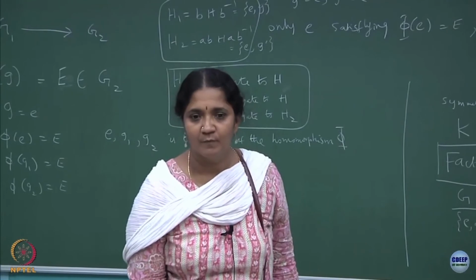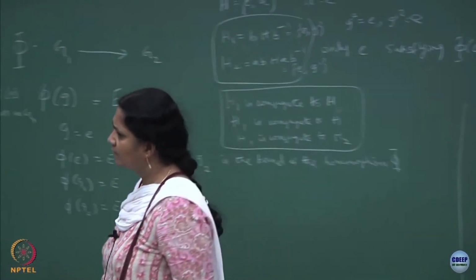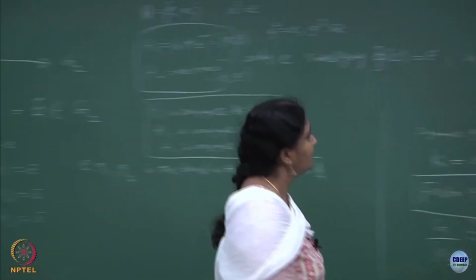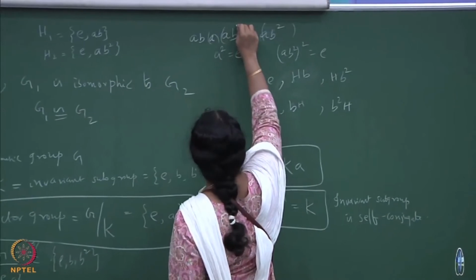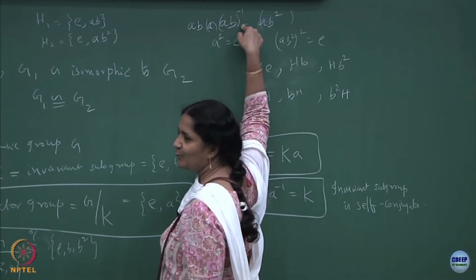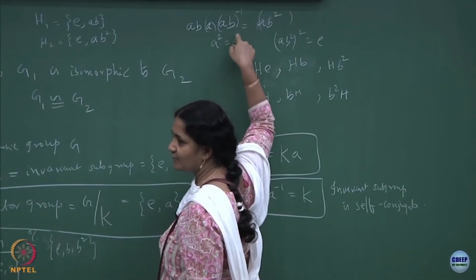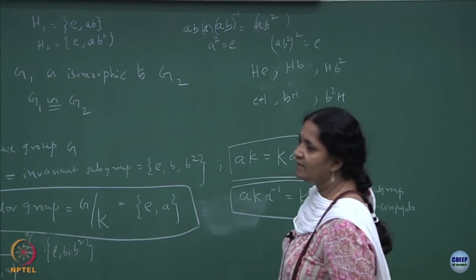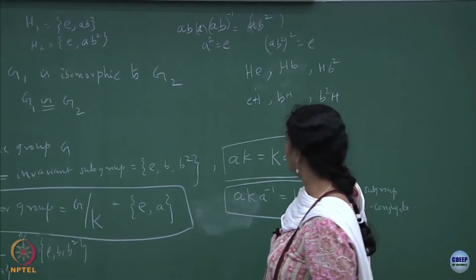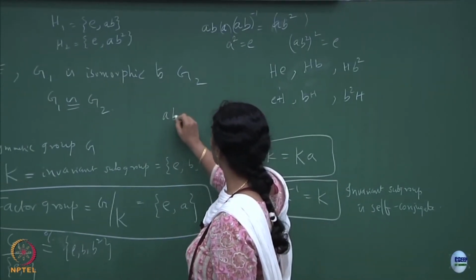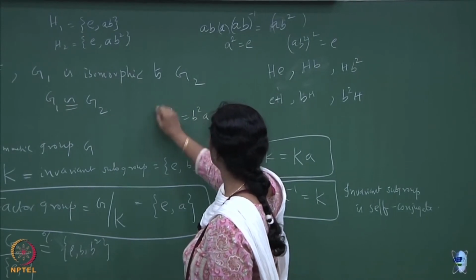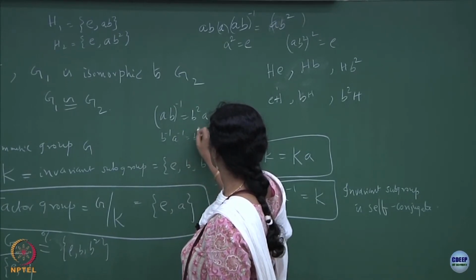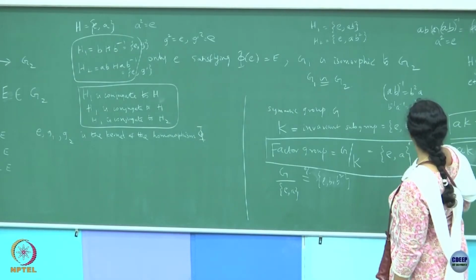Okay. AB inverse. Did I make a mistake? Yeah, it should be inverse. I was just thinking it is an order 2 group, so it is the same, but technically I have to put it as AB inverse. So it is the same, right?